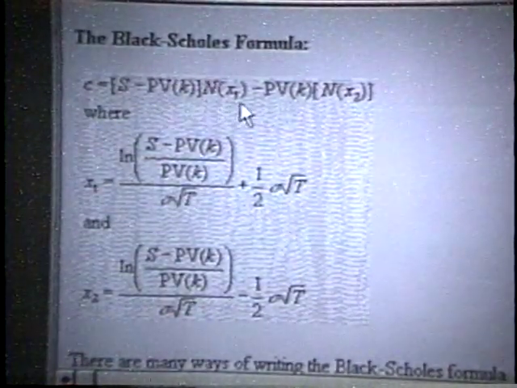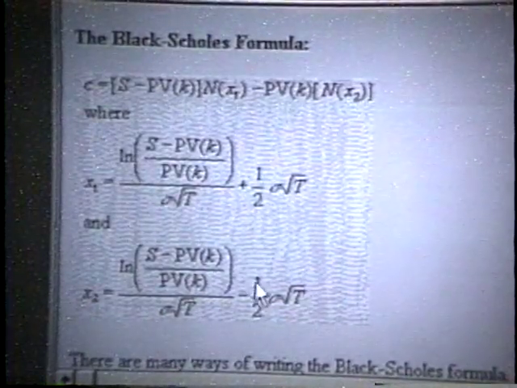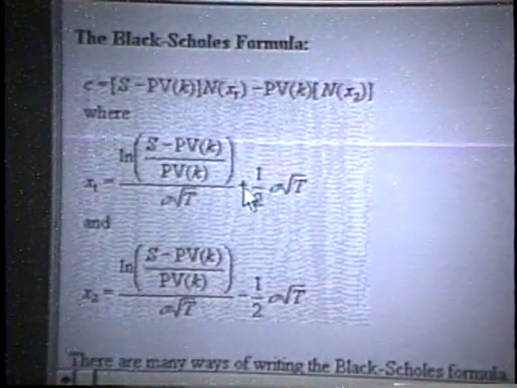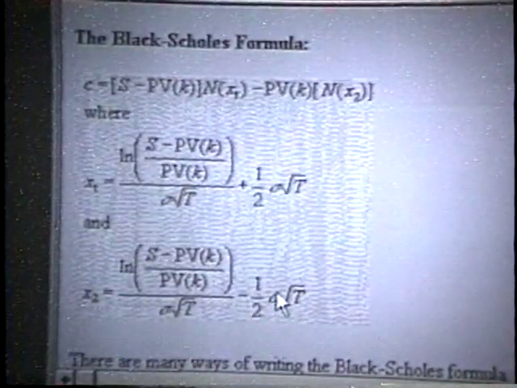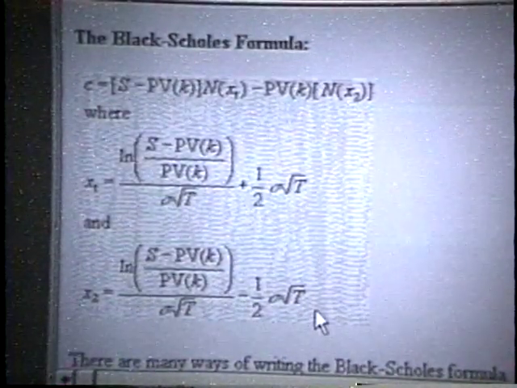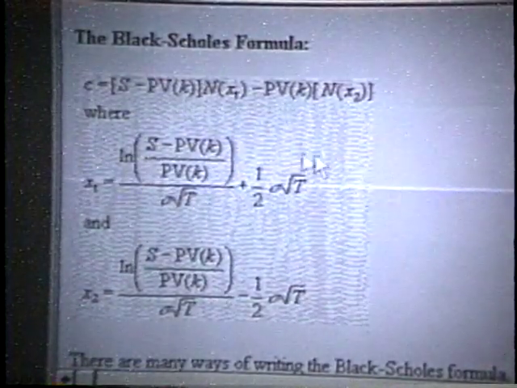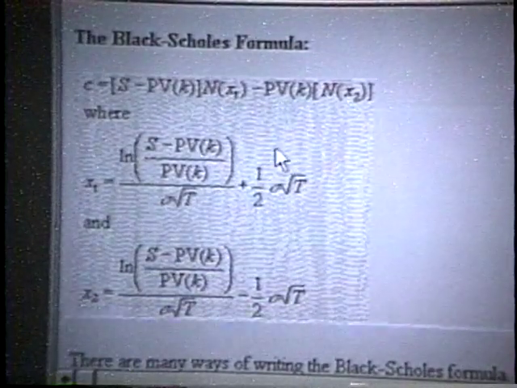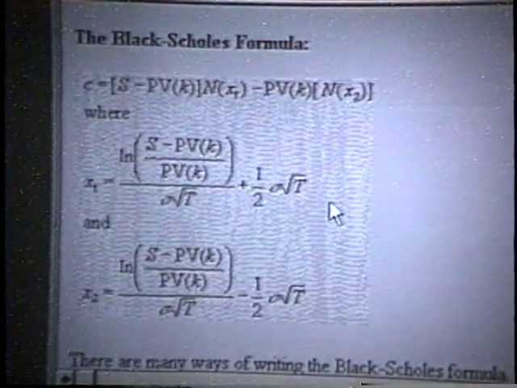Okay, so the N(x1) and the N(x2) look very similar, actually. The only difference is that one has a plus 1/2 sigma root T, and the other has a minus 1/2 sigma root T. The reason there's a difference is just a matter of the mathematics of what's called the log normal distribution.